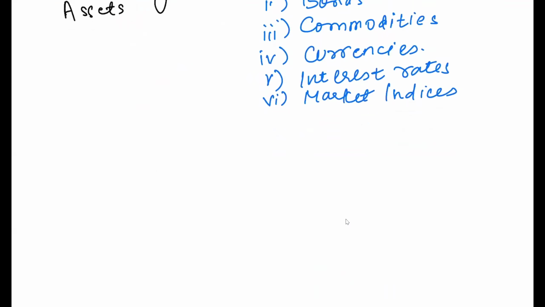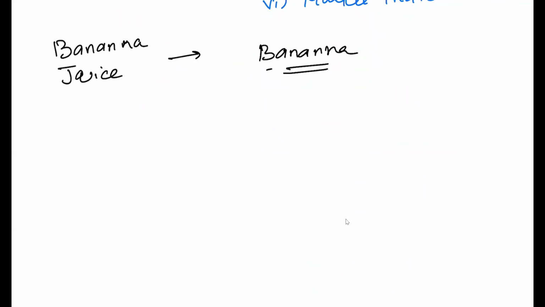I'll give you a non-finance example so that you can understand this concept very clearly. Let's take an example of banana juice, or any juice for that matter, orange juice, banana juice. Now, if you see banana juice, what will be the underlying? Banana. If the price of banana increases, of course the price of your banana juice will also increase.